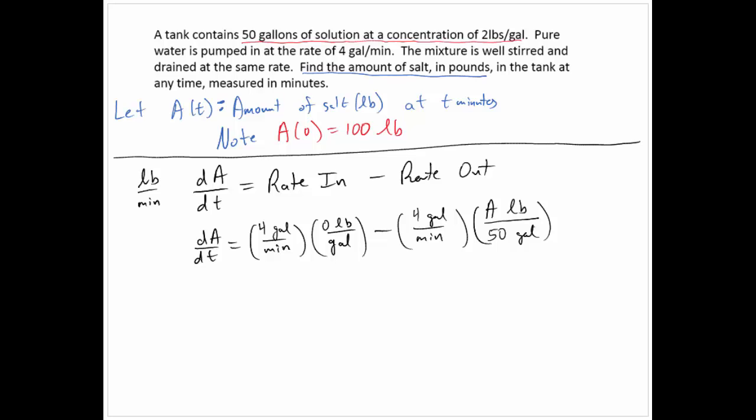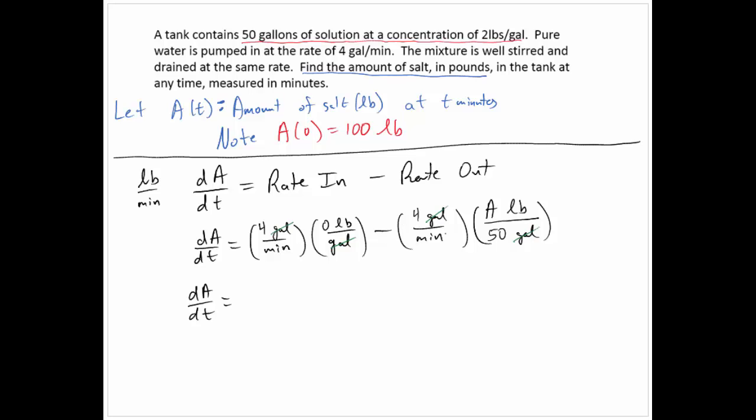Notice that if we look at these individually, gallons per minute and pounds per gallon, notice what happens to the units. The gallons reduce out, and I'm left with pounds per minute. So the units match up. And I've got dA/dt is equal to, now this whole first term goes away.